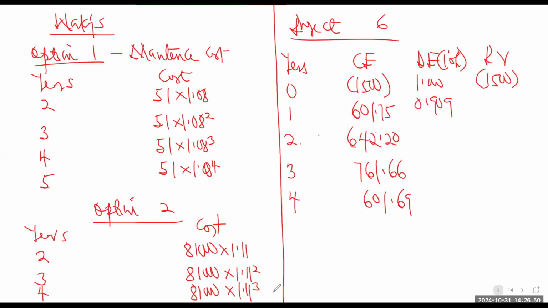So what are the discount factors? Year 2, 0.826. Year 3, 0.751. Year 4, 0.683. Okay, so what will be the cash flows? Fast, let's move on.